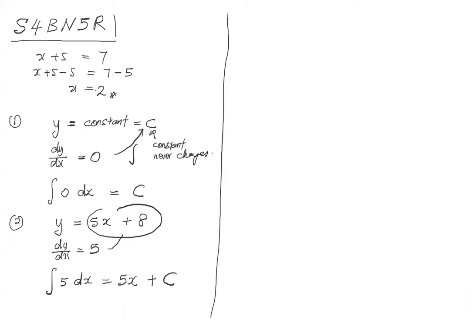So if you want to view this, you will integrate 5 plus 0 dx. So when you do integration, when you have plus and minus, you can break into 2 parts. So this will be 5.